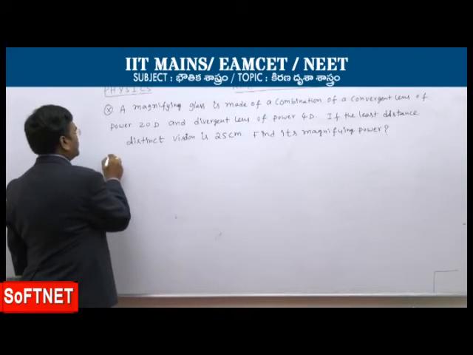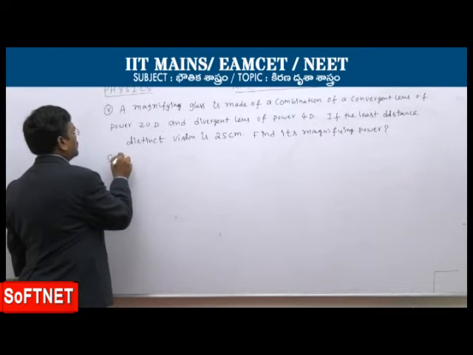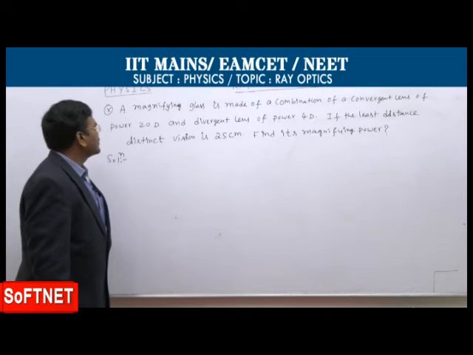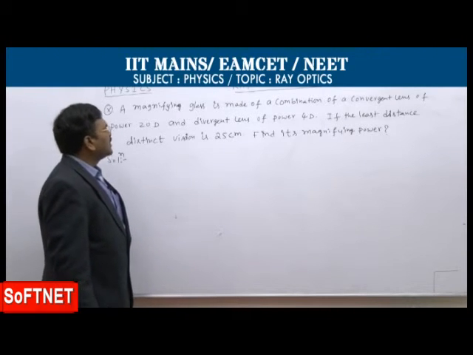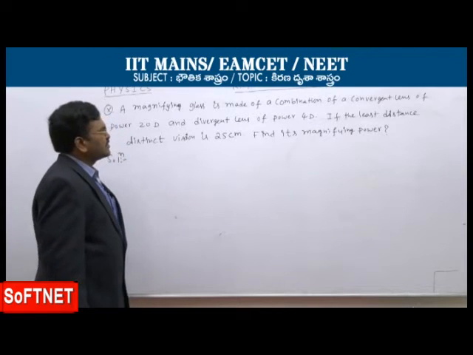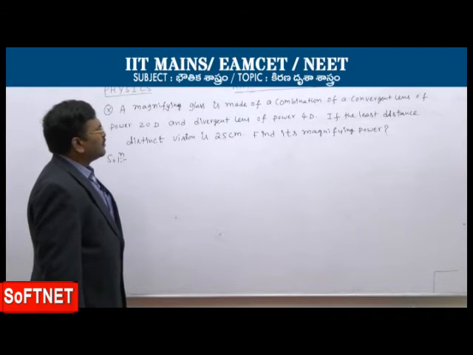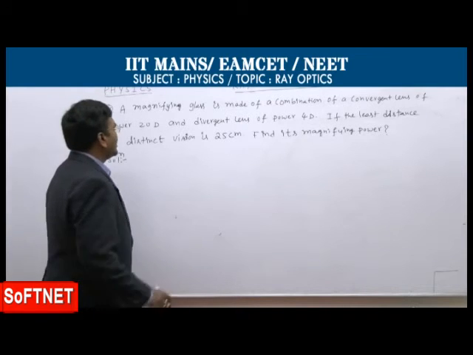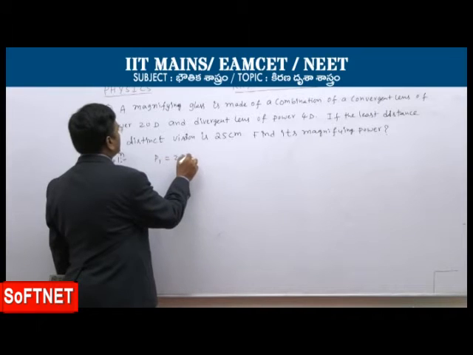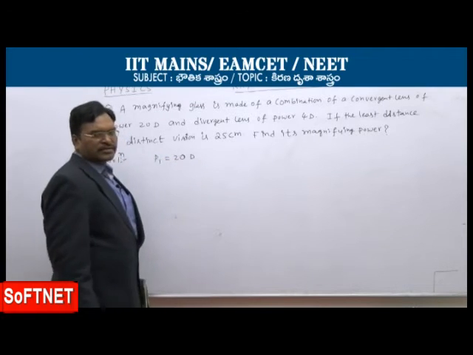Magnifying glass. A magnifying glass is made of a combination of a convergent lens of power 20 diopter and a divergent lens of power 4 diopters. Now, here P1 is 20 diopters, convergent lens positive.